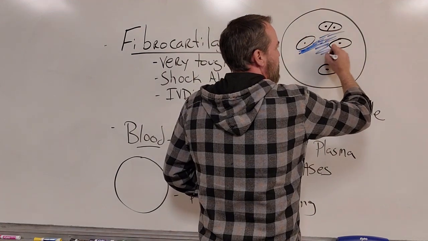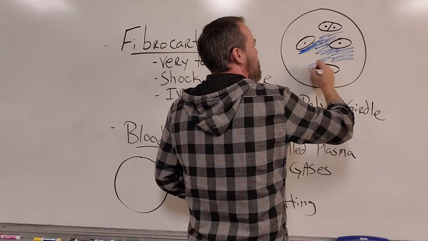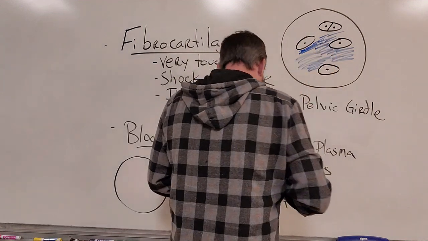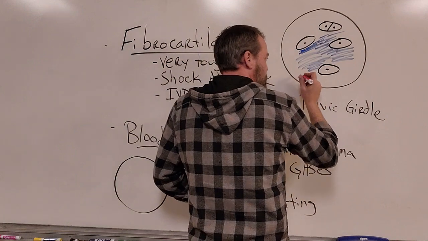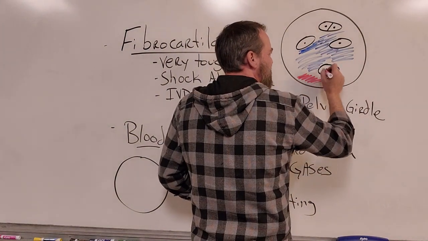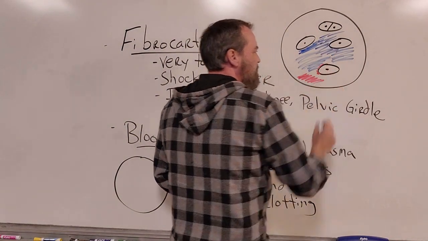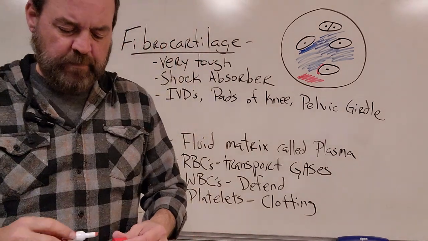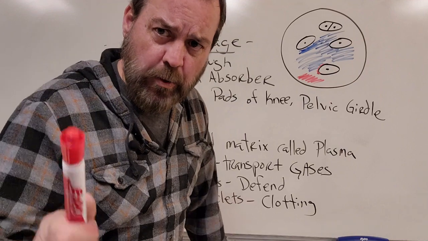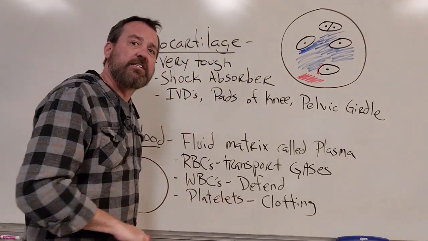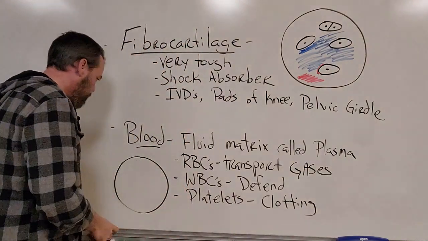So we're going to color all of this in shades of blue in the background around our chondrocytes. And a lot of times there'll be a little bit of red thrown in there as well, just from the staining pattern. So maybe we've got a little bit of red down here. We'll do a little red around this particular chondrocyte. So fibrocartilage, it's blue on the stain, or at least on the slides that we have here at the school.